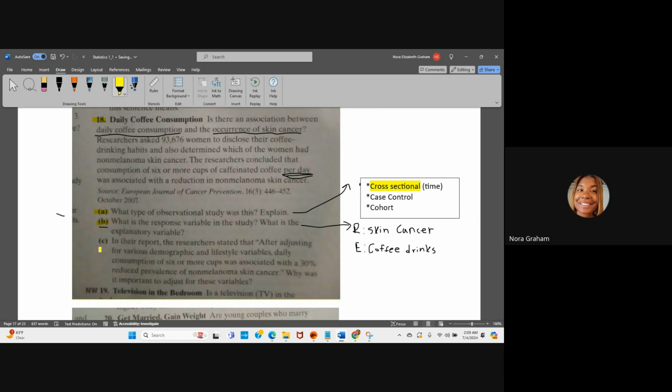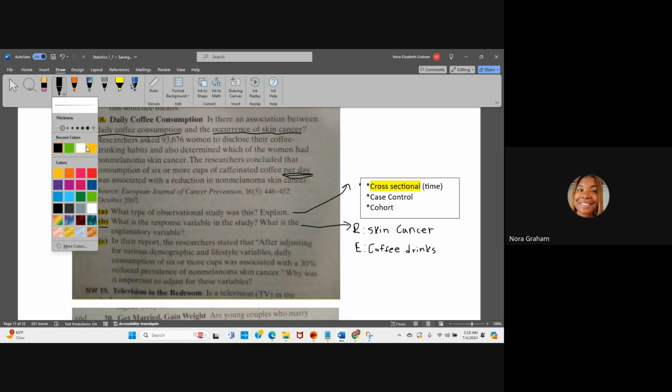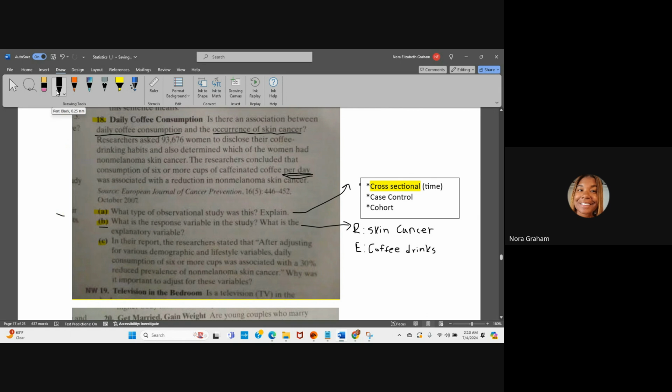Okay. And now let's do C. In the report, the researchers stated that after adjusting for various demographic and lifestyle variables, daily consumption of 6 or more cups was associated with a 30% reduction in prevalence of non-melanoma skin cancer. Why was it important to adjust for these variables? All right. So we want to see why it was important to adjust for those variables.